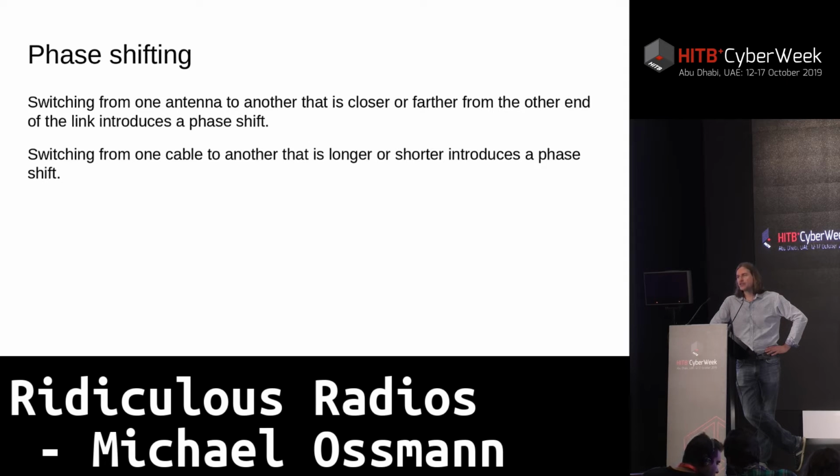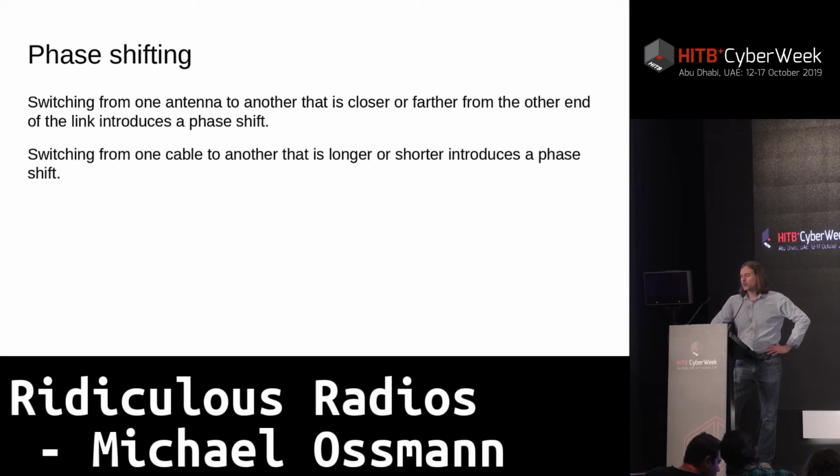And a phase shift is exactly what happens when my direction finding receiver is switching from one antenna to the next. I'm getting a little phase shift. Well, he wants to introduce phase shifts into his signal to fool my system that is actually looking for how the phase shifts over time.